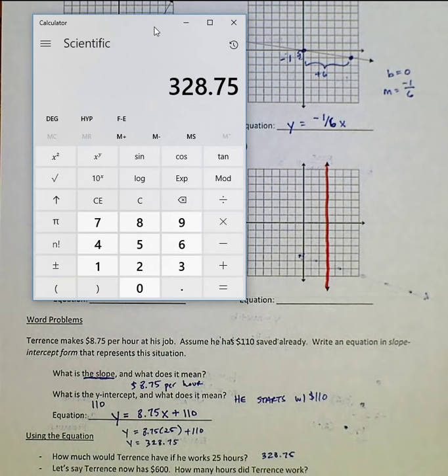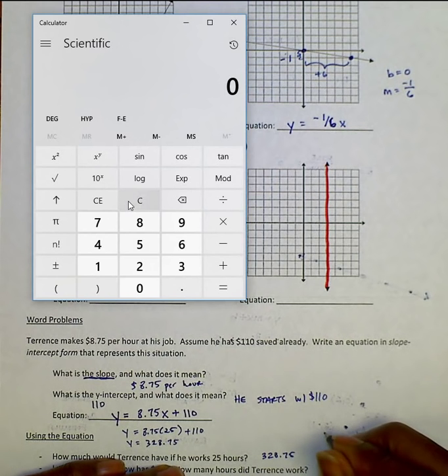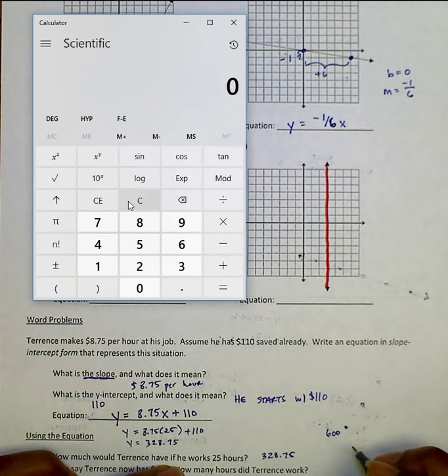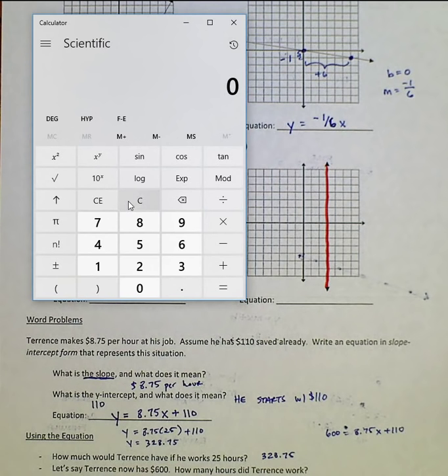Says, from just a little bit of different angle, let's say Terrence now has $600. How many hours did Terrence work? Well, remember that y stands for the money he has. And so if we're saying he has $600, and we already know that he makes $8.75 per hour, and he started off with $110, then we have all this.